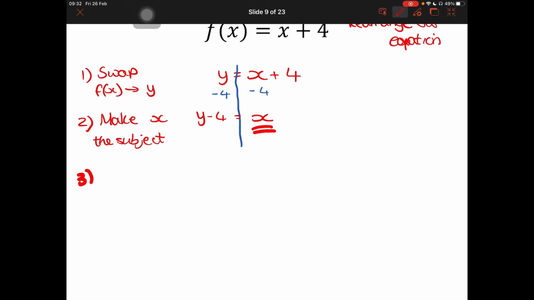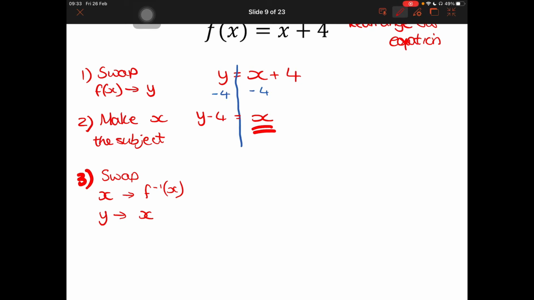Last part you are going to do, okay, is we now swap. We swap x for f to the minus 1 of x, and we're going to swap our y for an x. Now that's really, really important that we get those the right way round.